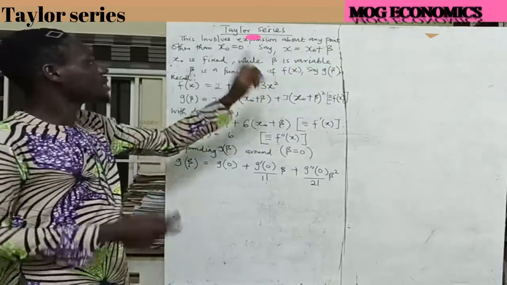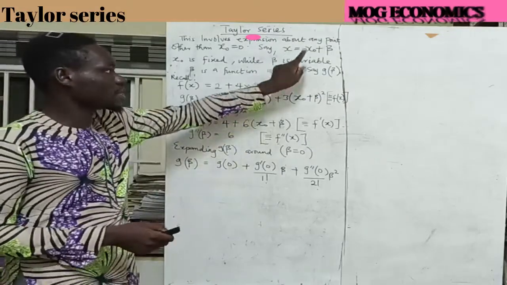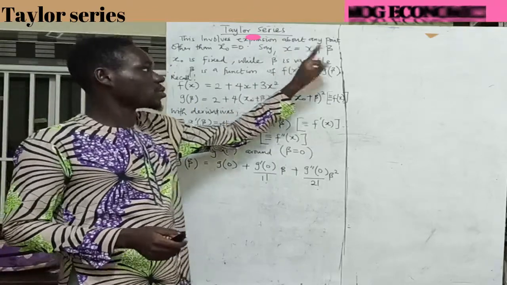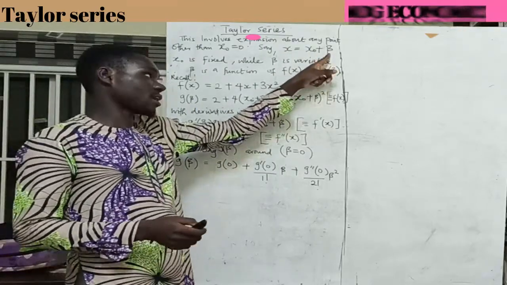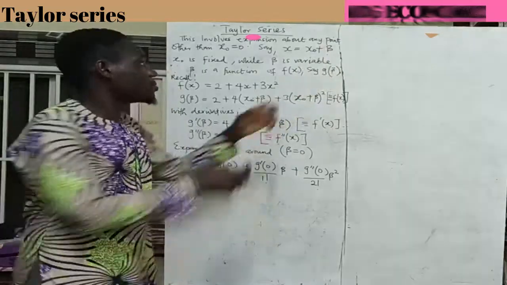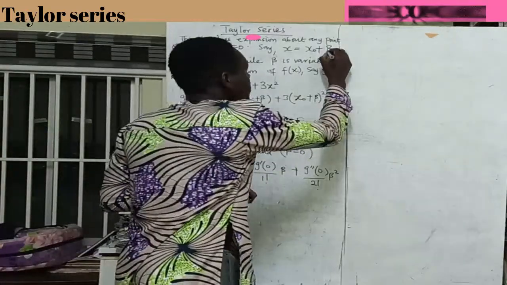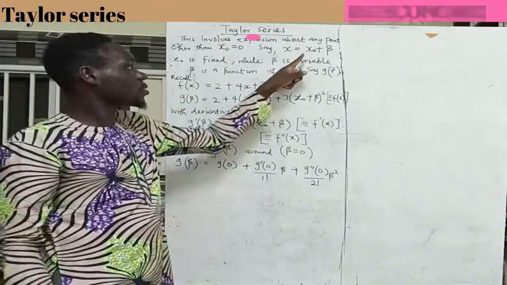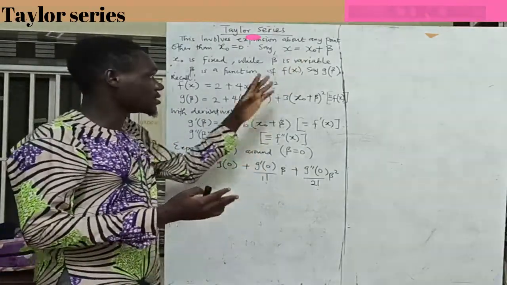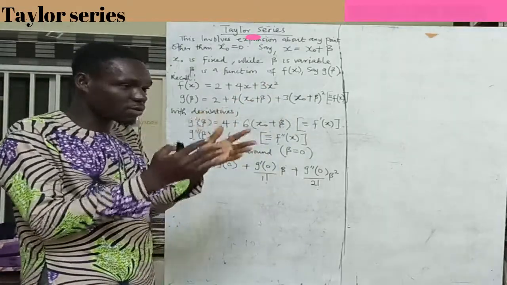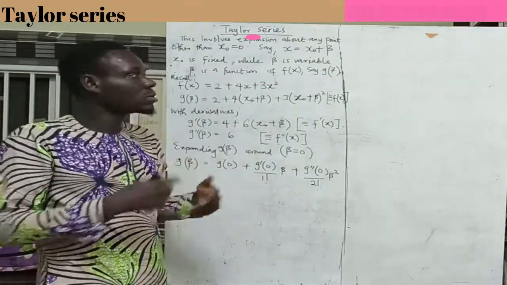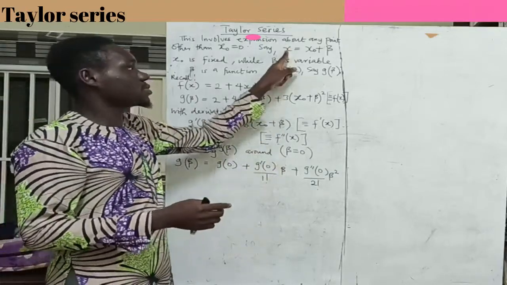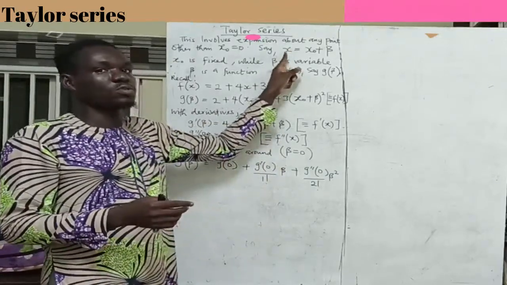So now, let's say for instance we have s equals s naught plus beta. This is a Greek letter, beta. So this s naught symbolizes the value we wish to expand around.